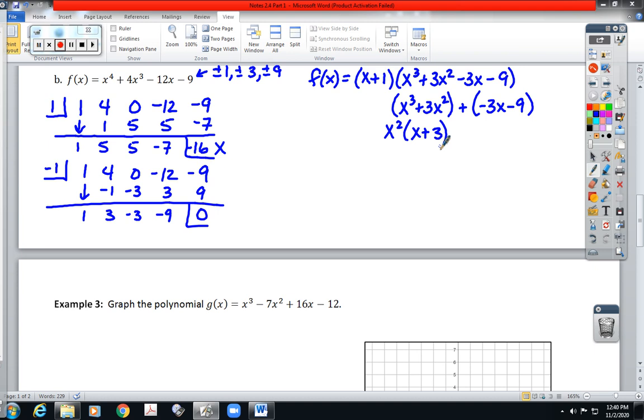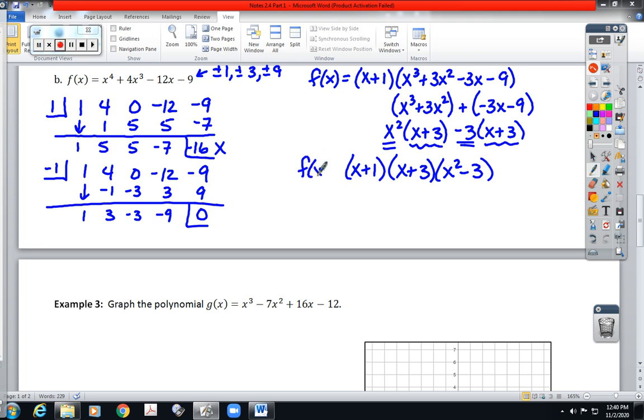The second 2, we can factor out negative 3, leaving x plus 3, which means the 2 factors are x plus 3 and x squared minus 3, meaning that the factored form of f of x, because neither one of those will factor again, would be x plus 1 times x plus 3 times x squared minus 3.